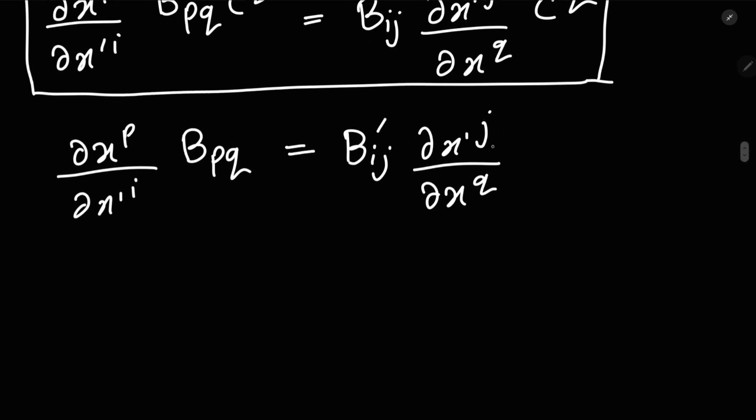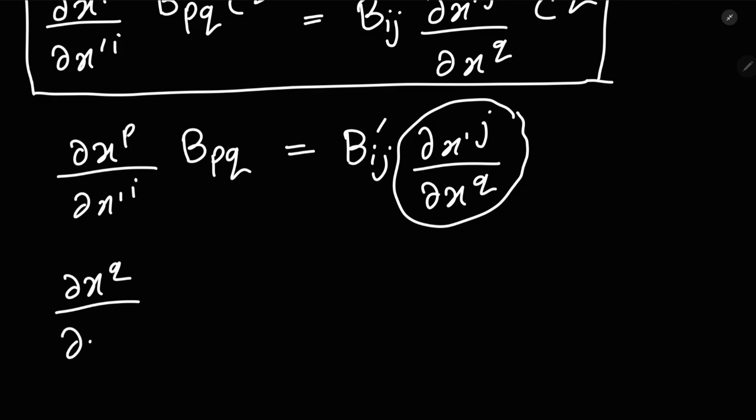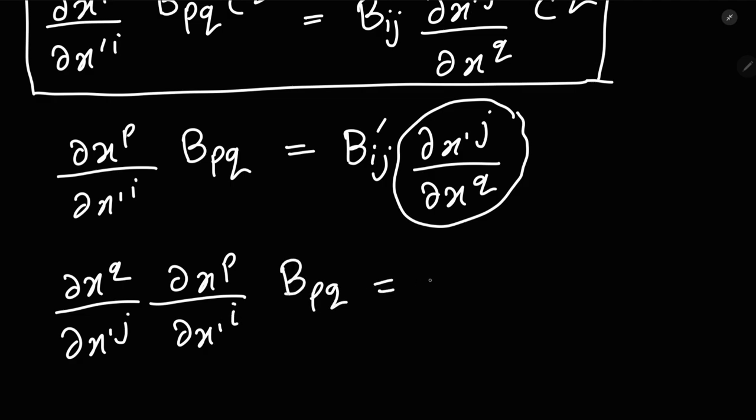Now I'll take this quantity to the left hand side and we get del xq upon del x prime j, del xp upon del x prime i, Bpq is equal to B prime ij.